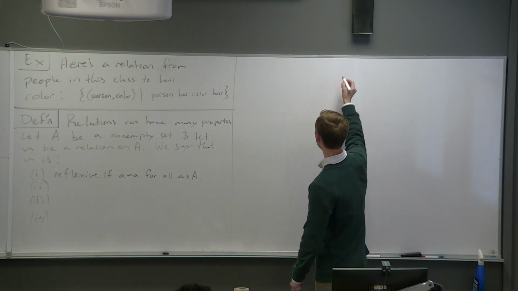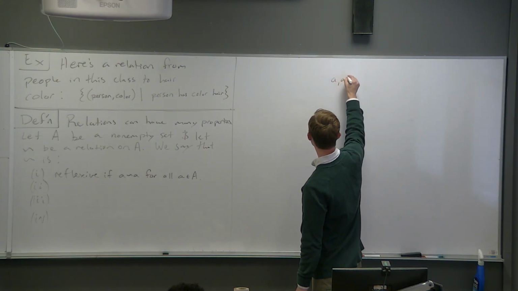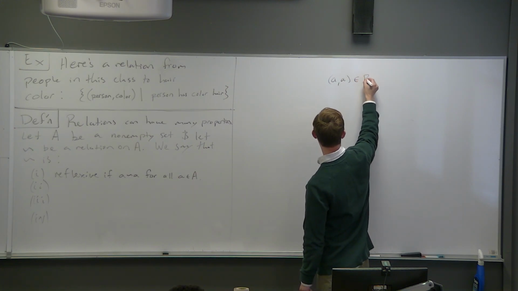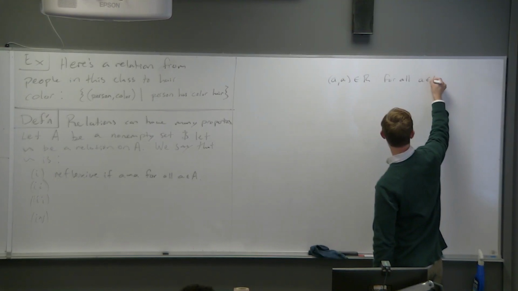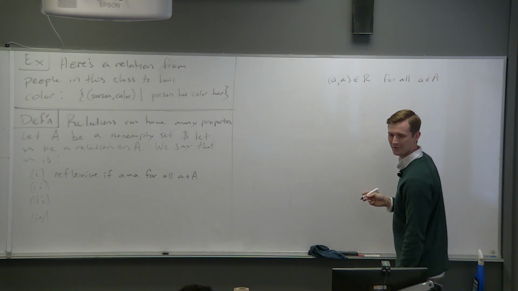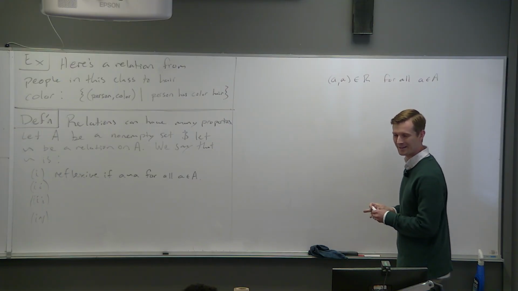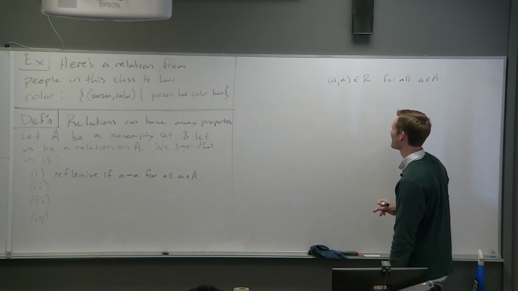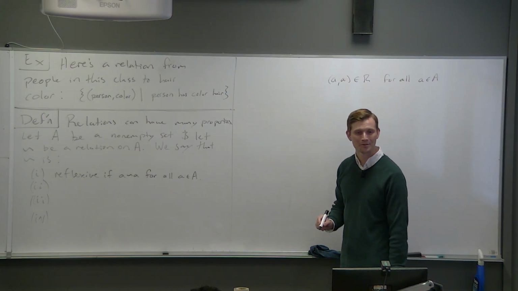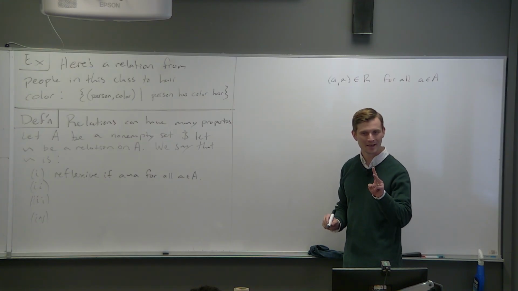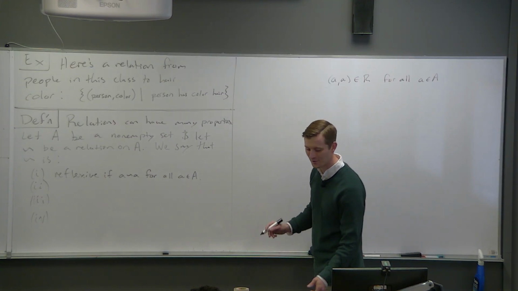Something is reflexive if it contains the diagonal of A cross A. Oof, I got ahead of myself, yes. Symmetric, yes, we're a tiny bit ahead of ourselves there. Sorry about that. If it contains the diagonal, so all of the thing and thing, same things, right? Then it's reflexive. There we go.